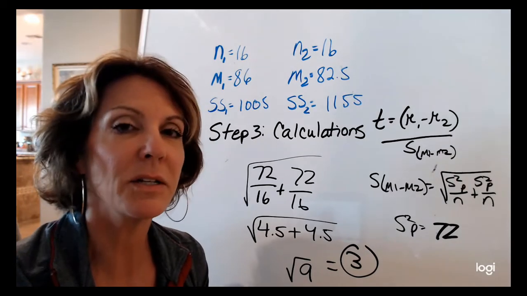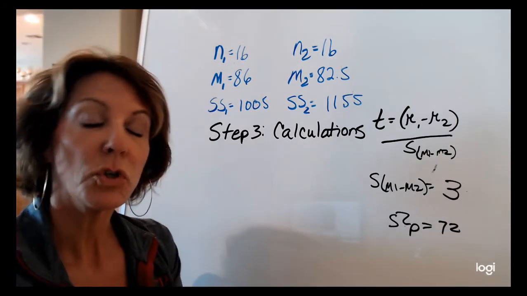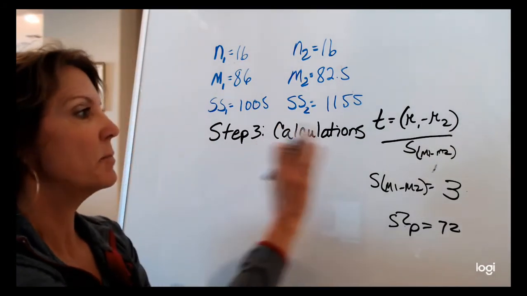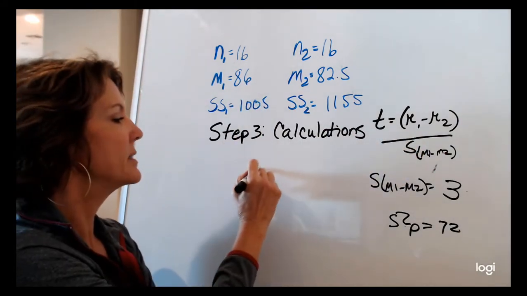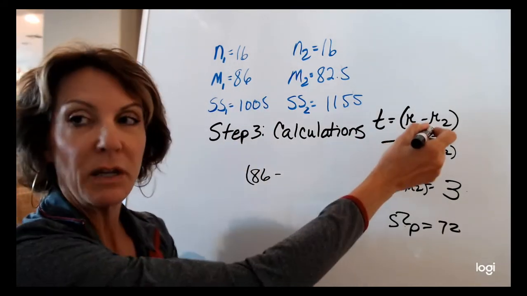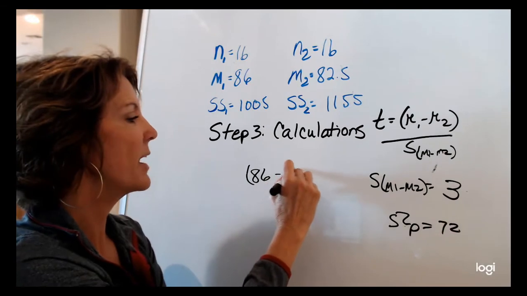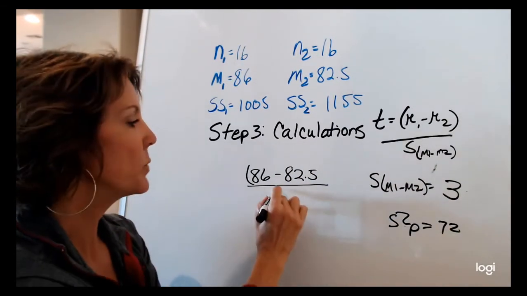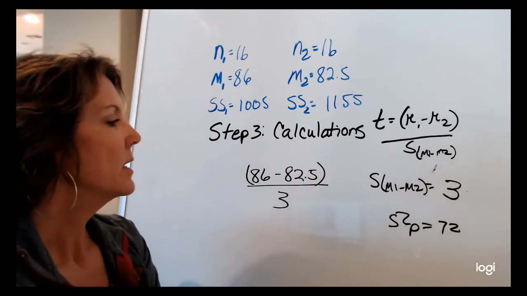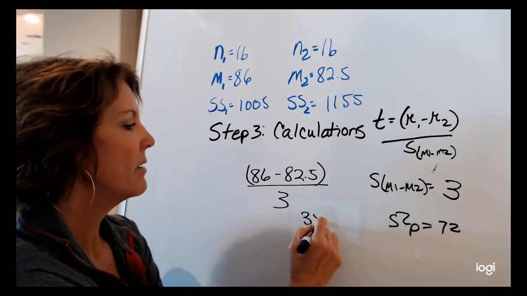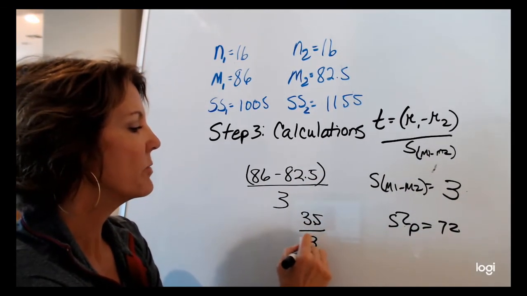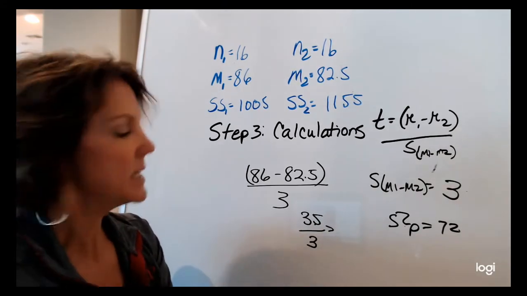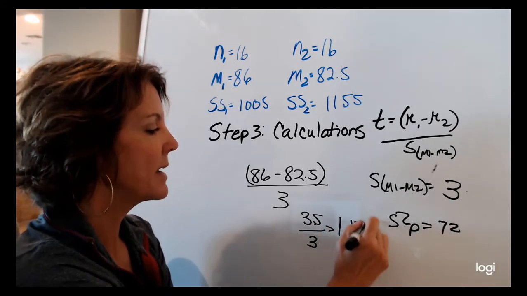Now we can plug it into the t formula. So for our t formula, we're going to take the mean of group 1, 86, minus the mean of group 2, 82.5, and we're going to divide it by the standard error of the mean, which we already decided was 3. So we have 3.5 divided by 3, which is going to give us a t of 1.17.